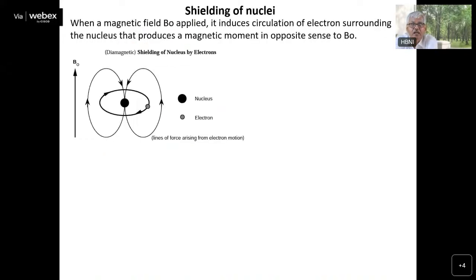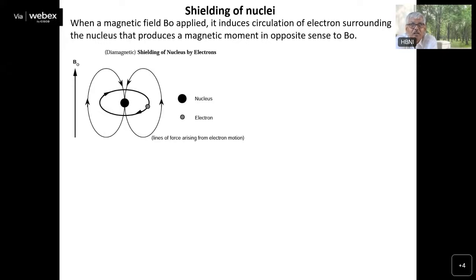First, one thing is the shielding of the nuclei. We never see the bare nucleus. Whenever we talk about a nucleus, it is an atom, or in a molecule, bonded to some other atoms. When you apply a magnetic field, it induces the circulation of electrons surrounding the nucleus.